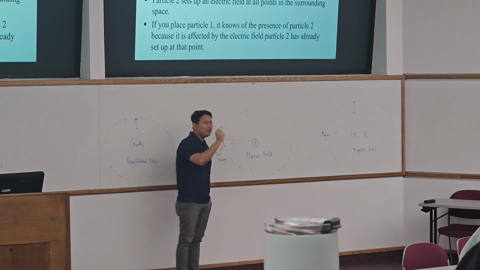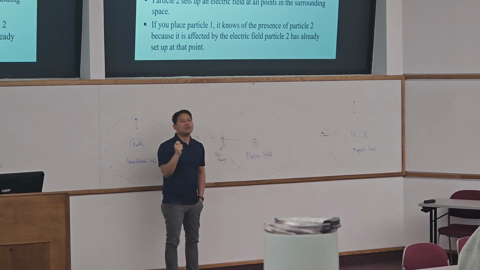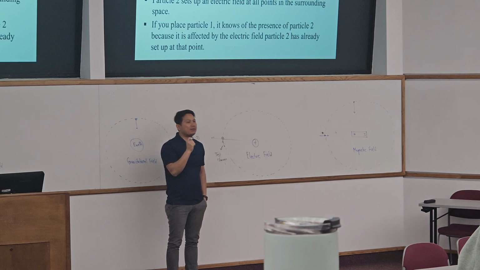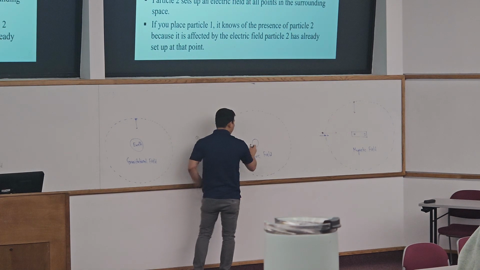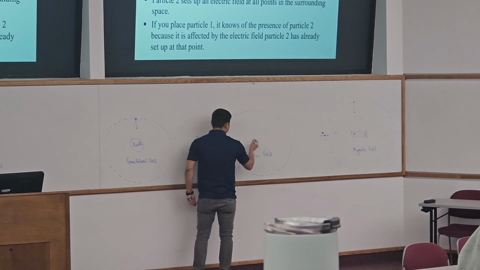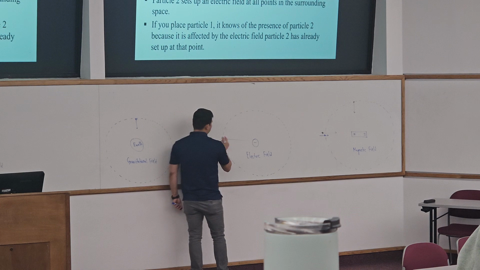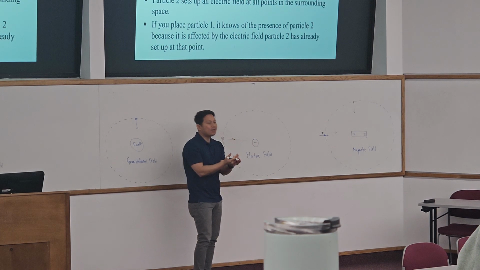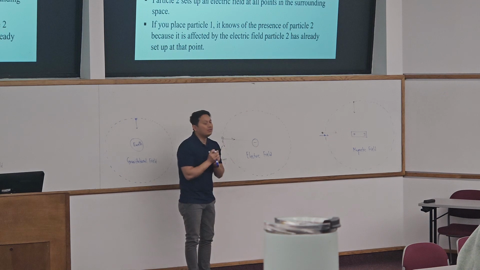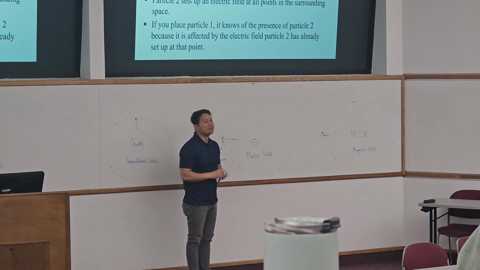Basically, to find the electric field produced by a charged particle, I need to bring a test charge. Or if I have a negative charge over here and this is positive, I am going to be pushed towards that charge. That tells me that I am inside the electric field produced by a charge.